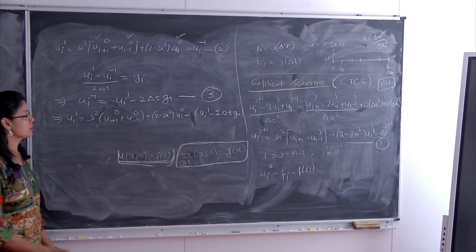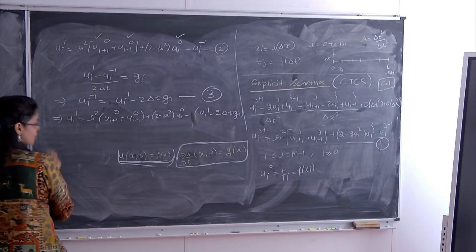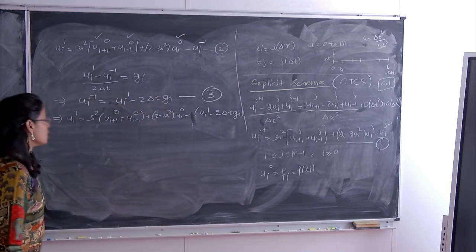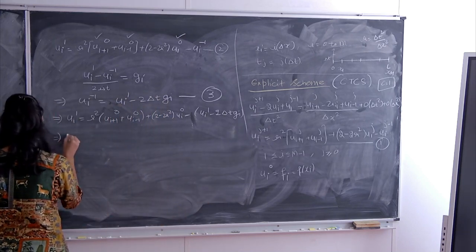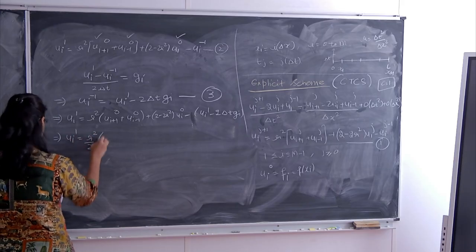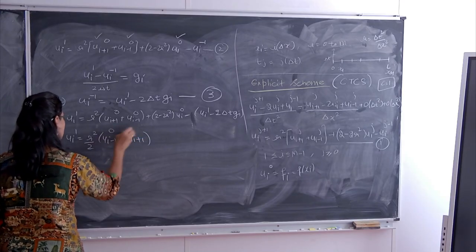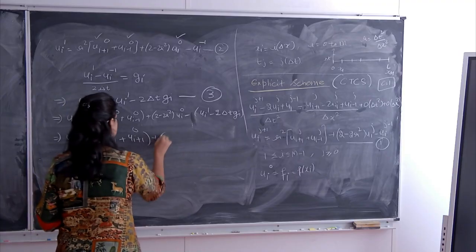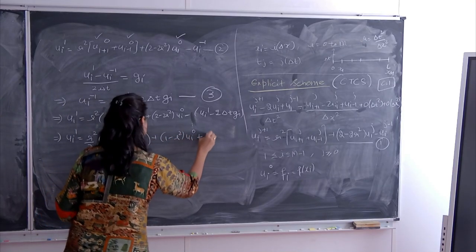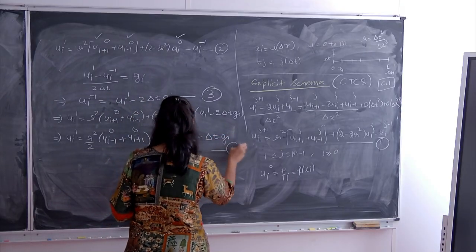We have this value here, and I am going to take this here because this is the same term, and the final formula which I will get here is u_i^1 equal to r^2 by 2 (u_{i-1} + u_{i+1}) at the 0 time level, plus (1 minus r^2) u_i^0 plus delta t g_i, and let me write down this as equation number 4.